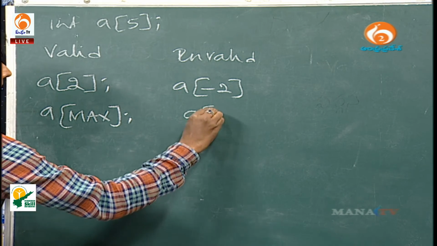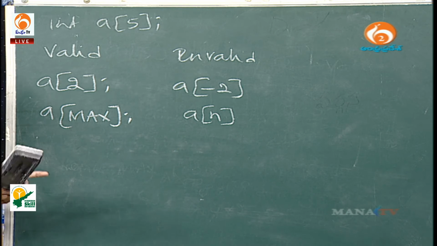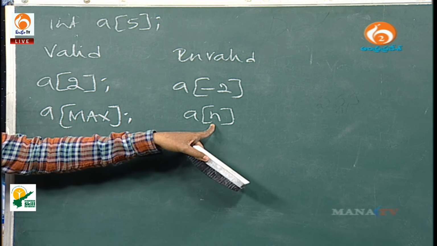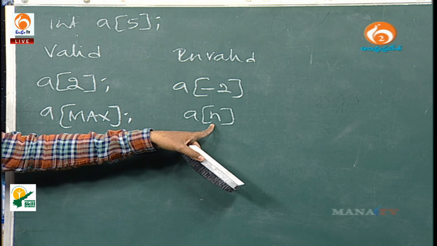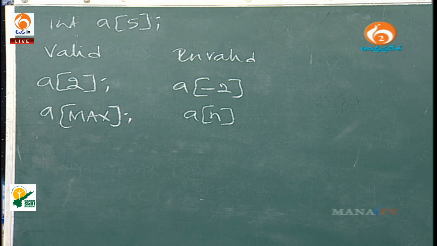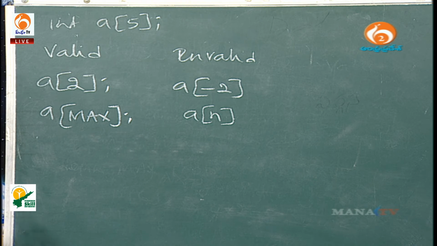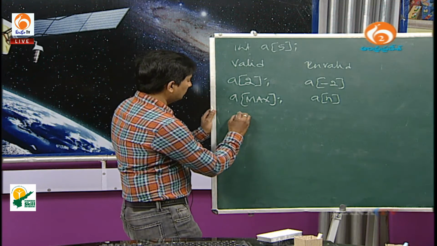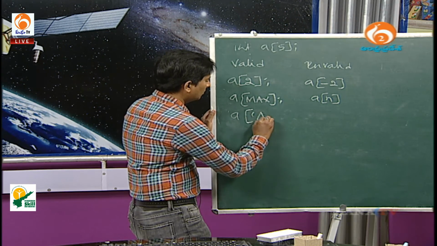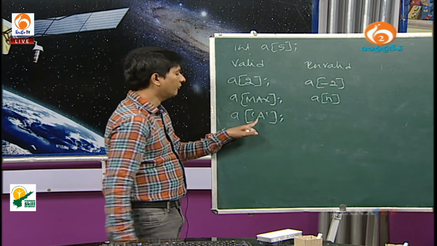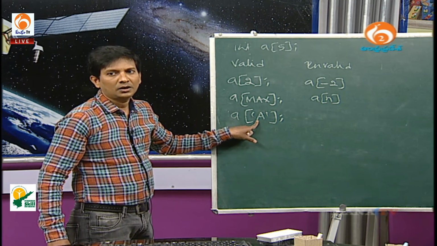But I cannot write like this, because the size should not be a variable. Before declaring, we must mention the size. No problem, we can write this one. What is the meaning of this?